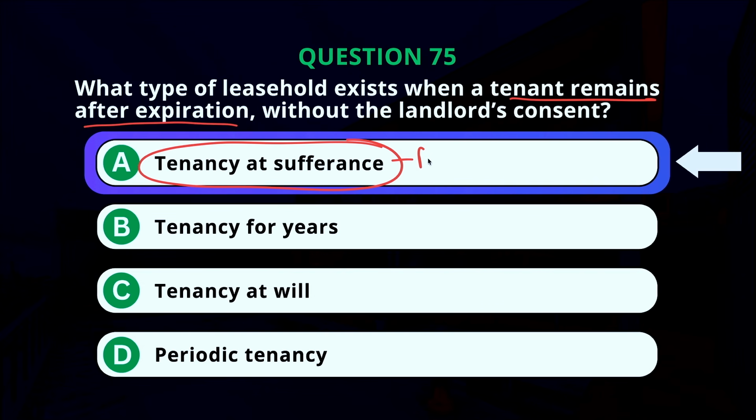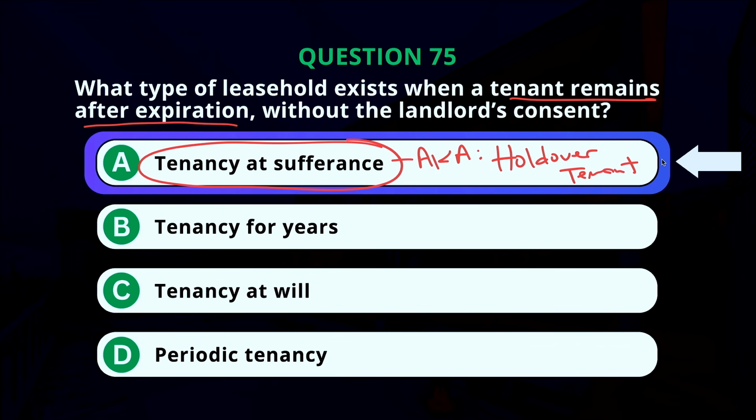Now, they also will call it, aka also known as, a holdover tenant. So you want to know these for sure. You want to know that phrase holdover tenant, and then you want to know basic bits about the eviction process. You want to know, like, what is an actual eviction? What is a constructive eviction? These are all phrases that you're going to see, and you want to know these for that exam. So tenancy at sufferance all day long, also known as a holdover tenant. This is when they stay without the landlord's consent.